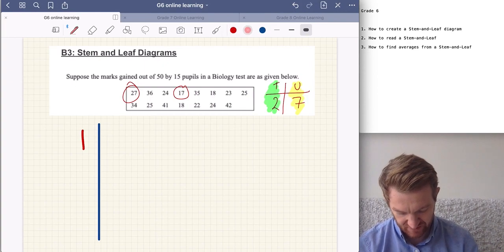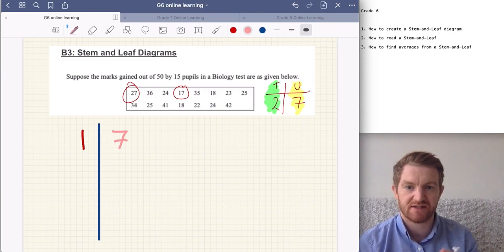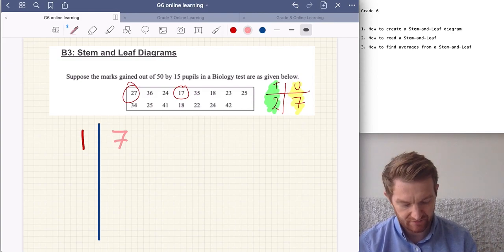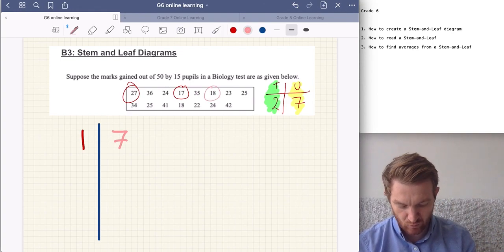Everything coming after the line is the remainder. So we say this is a 1 and a 7, 17. Now, the next largest number is an 18, which is a 1 and an 8. So we use the existing 1 that we've already got, but then we just add an 8.